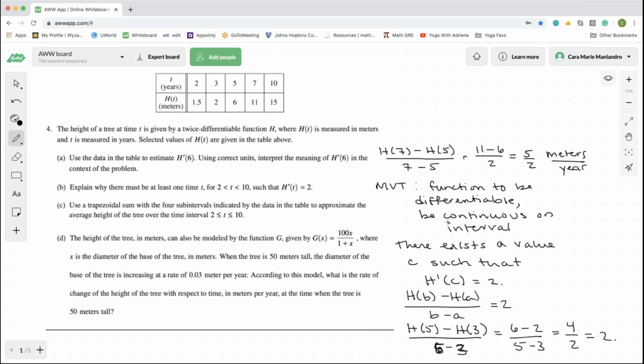All right, and so this works because of the mean value theorem. And we know that the height of a tree is going to be continuous over the lifespan of the tree. So that was all that you needed to do. You need to set up a ratio, and you needed to interpret it using the mean value theorem.